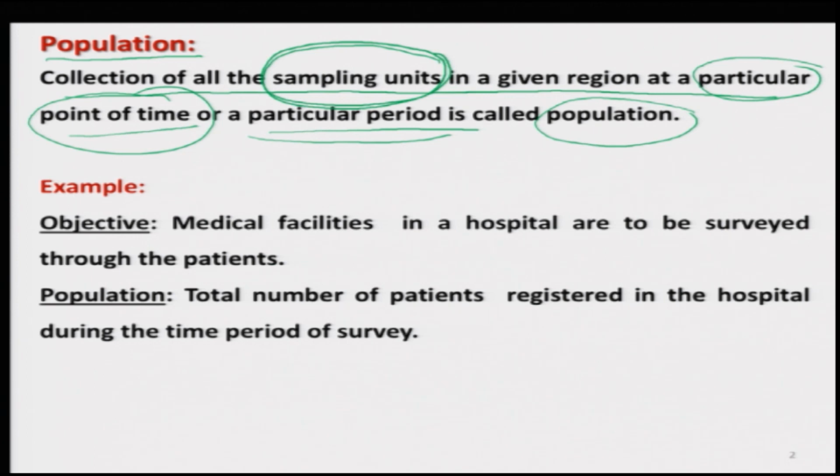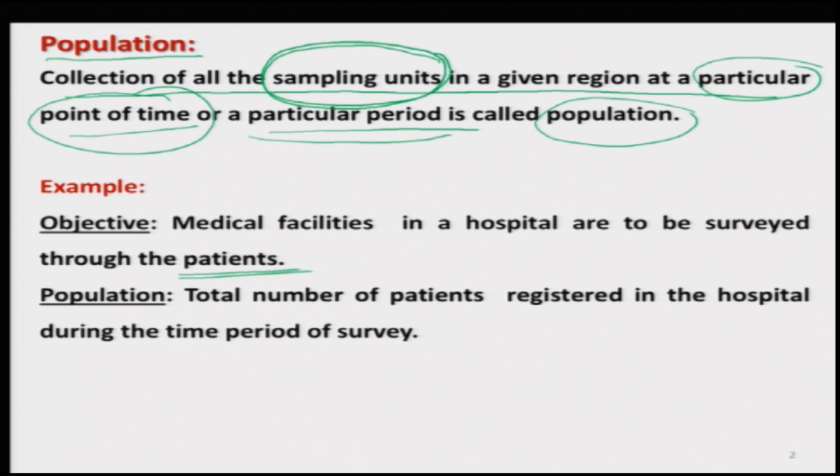For example, suppose we want to conduct a survey to know about the medical facilities available in a hospital. So this can be done through the patients, because patients are the ones who can give us the right observation, the right information, about what the medical facilities available in the hospital are, which are working.